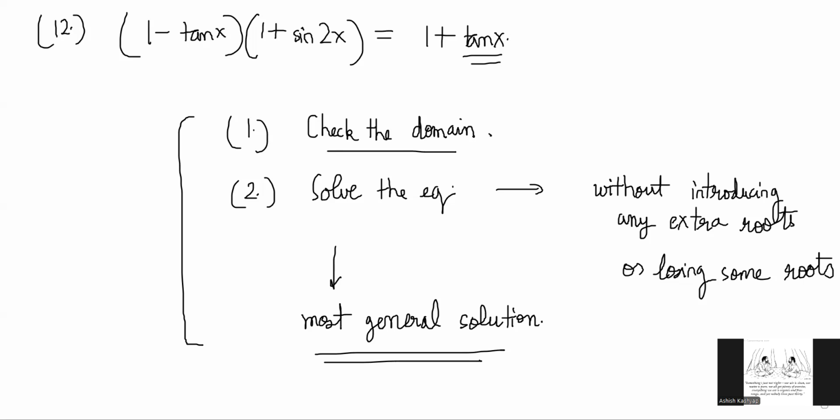RHS is sine of pi into 3 power x plus 2 sine square pi into 3 power x minus 2 sine of 4 pi into 3 power x plus 2 sine of pi into 3 power x plus 1 minus sine 7 pi into 3 power x. Question is correct. Okay.